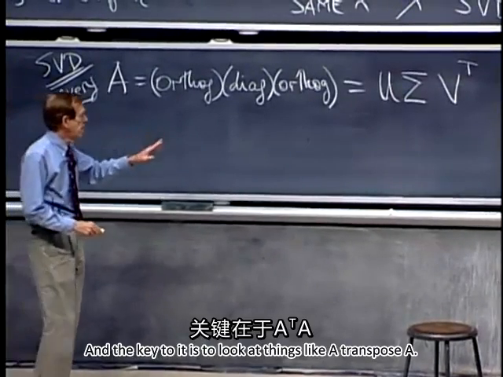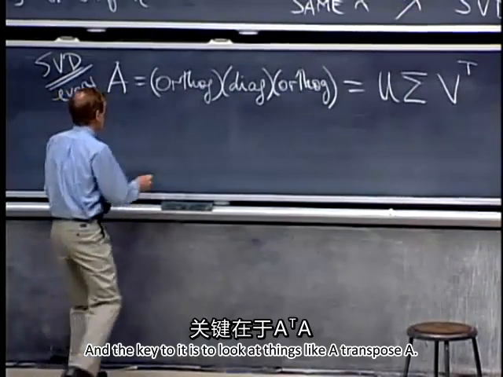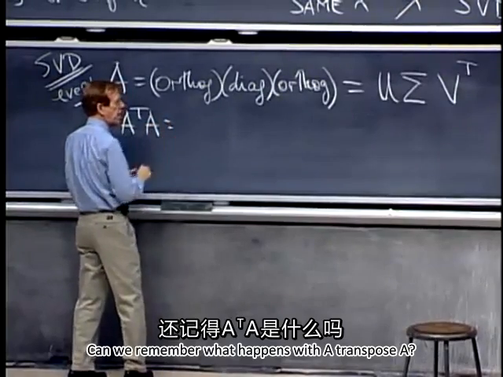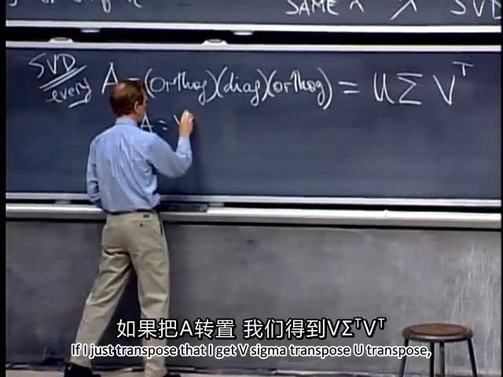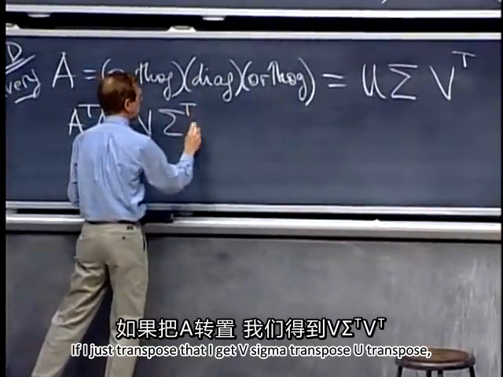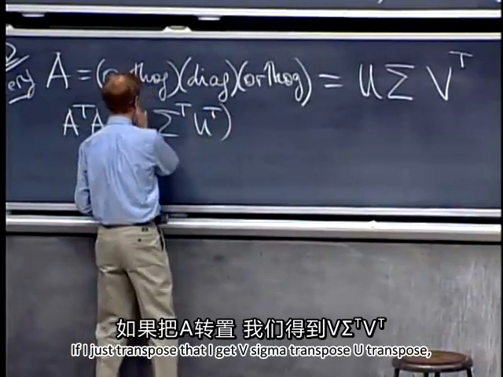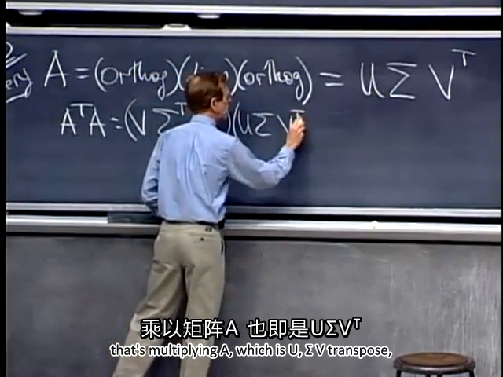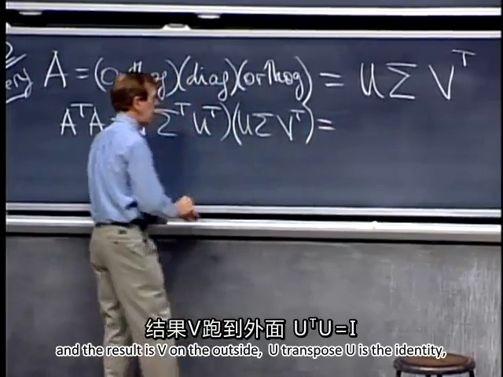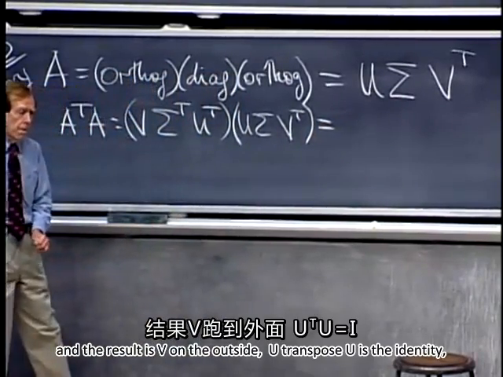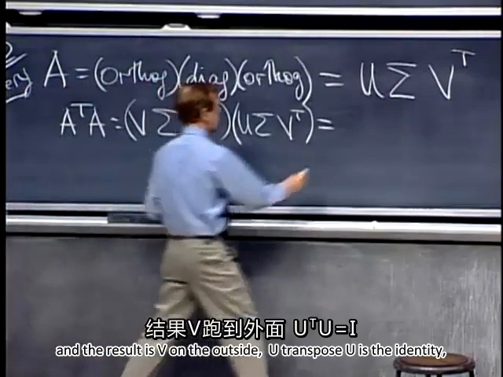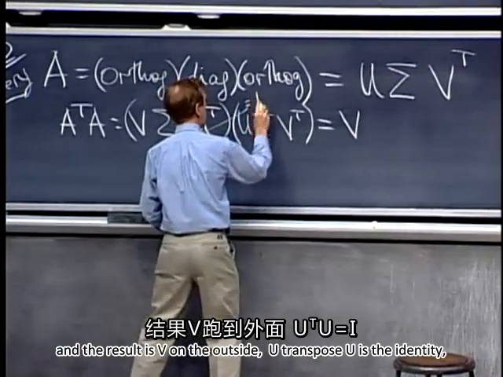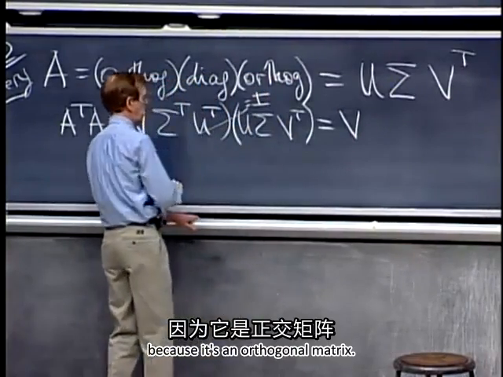And the key to it is to look at things like A transpose A. Can we remember what happens with A transpose A? If I just transpose A, I get V sigma transpose U transpose. That's multiplying A, which is U sigma V transpose. And the result is V on the outside. U transpose U is the identity because it's an orthogonal matrix.